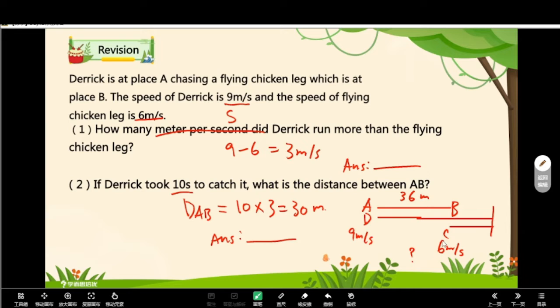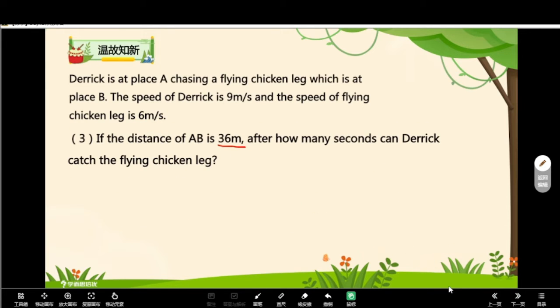We know the distance between A and B is 36 meters and we need to find the time. So if for 1 second Derek can go 3 meters, then for how many seconds can Derek go 36 meters? And tell me your answer directly.